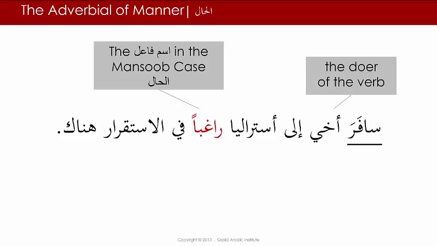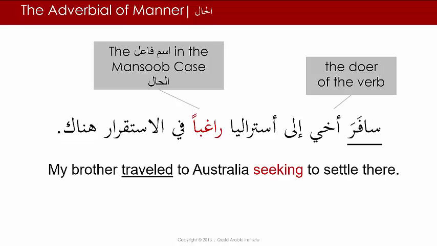It is an ism fa'il in its pattern, and it is mansub indefinite because it indicates here the action that is happening or the state of the doer, the akhi, while the traveling is taking place. So the translation here is, my brother traveled to Australia seeking to settle there.